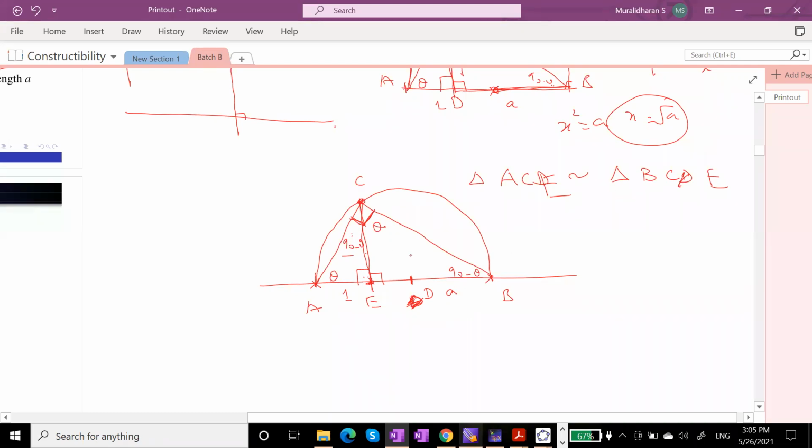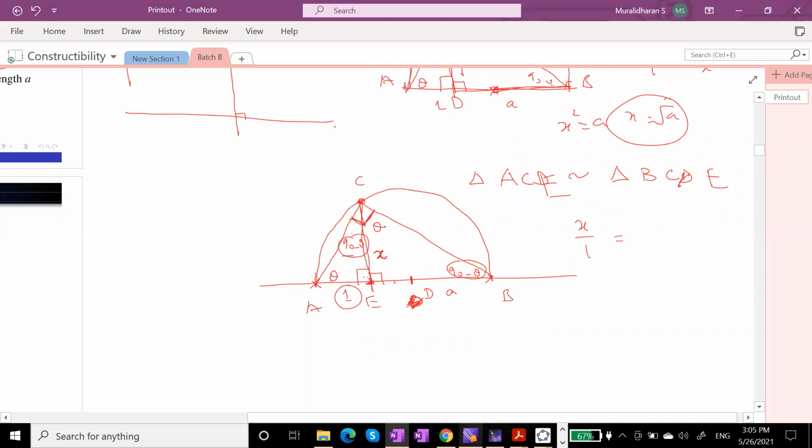When these two triangles are similar, suppose this length is x. I want to find what that x is. So x in this triangle is opposite to 90 minus theta. What is opposite to 90 minus theta in the other triangle? It is 1. So x by 1.